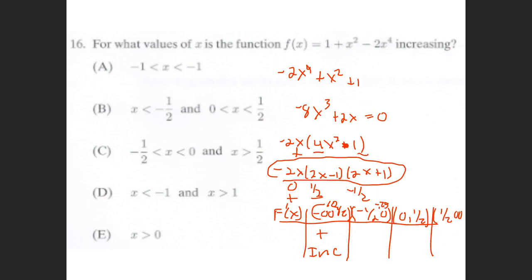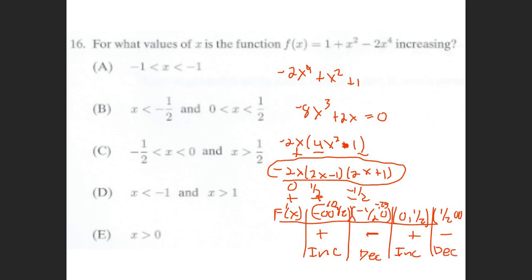Oh, that's going to be positive because that's going to be more than 1. So that's going to be positive here. This is going to be negative. This is going to end up being a negative. And then I would find this one. It's positive, negative. So decrease, increase, decrease.